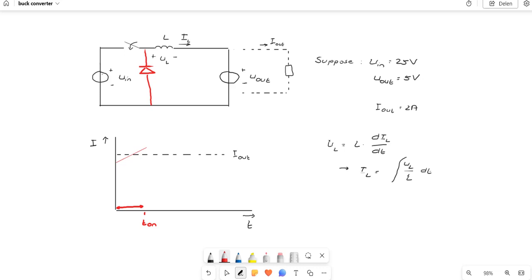During the off time, when the switch is opened, the current will flow through the diode, and it will decrease linearly. This is my off time, T off, and the combination T on plus T off is my switching period, which is often called T. That is the complete switching time: the on time when the MOSFET is on, and the off time when the MOSFET is off.